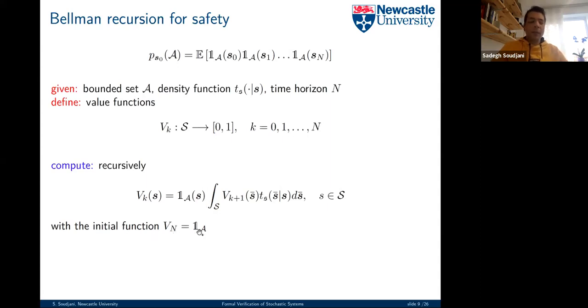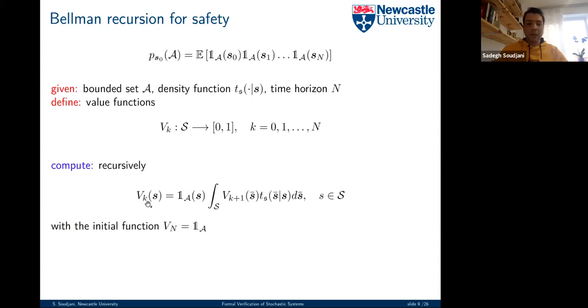To give you some intuition on how this recursion is obtained, it's like taking this expectation backward. We first take the expectation of the last element, we compute it, and then we take the expectation with respect to the previous state and so on. It's like conditioning on the history of the path and taking the expectation with respect to the states in the past one after another. So we start from this indicator function here, this is Vn.